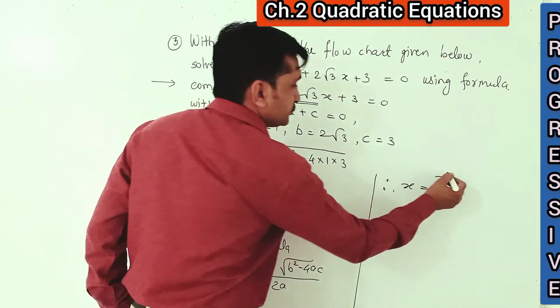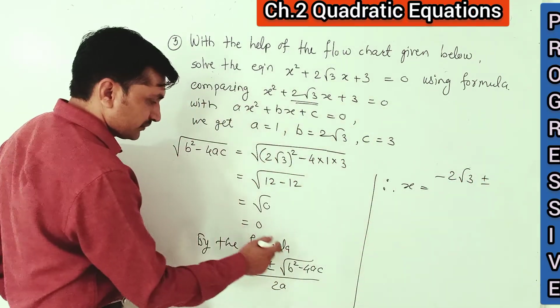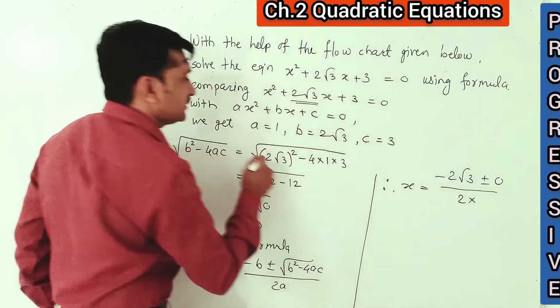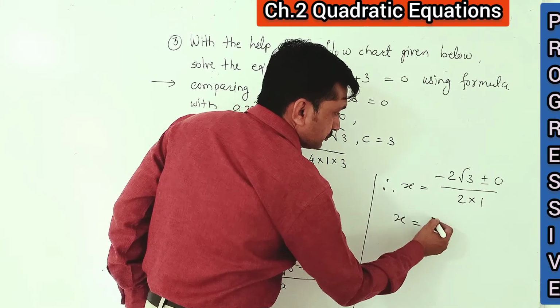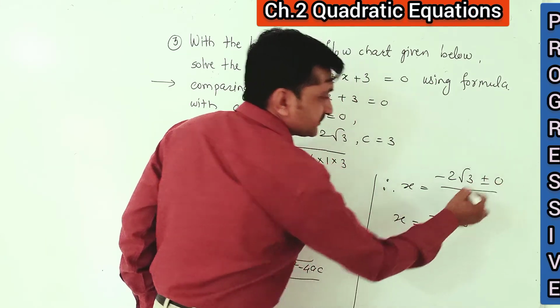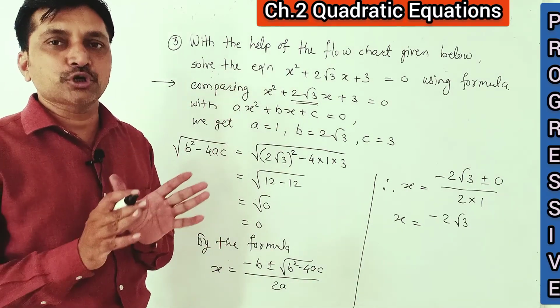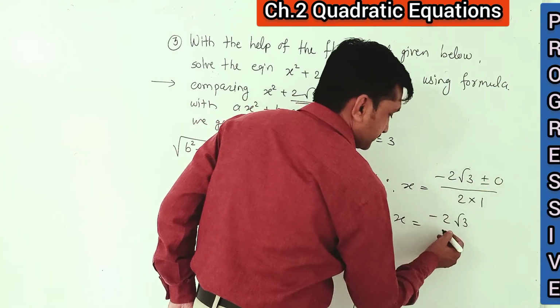B value is 2 root 3 plus minus, what is root value? Root value is 0 upon 2 multiplied by, what is a value? A value is 1. X is equal to minus 2 root 3. Now here you see plus minus, plus 0 or minus 0. Does it affect on that value? No. Therefore no need to write plus minus here.